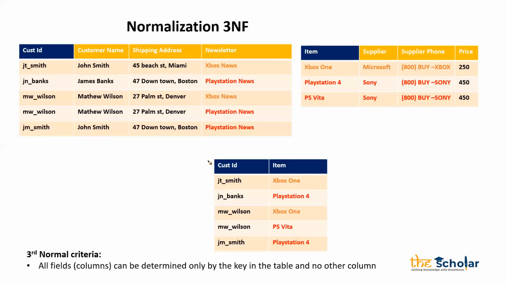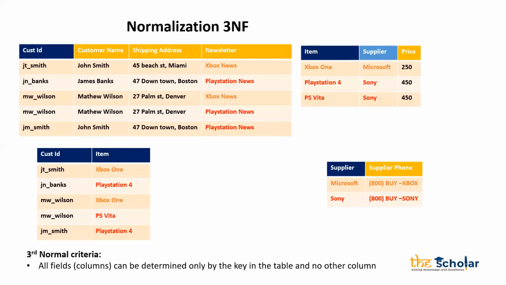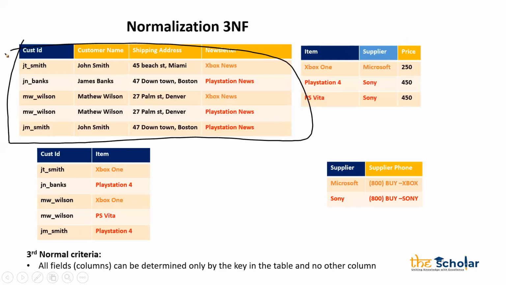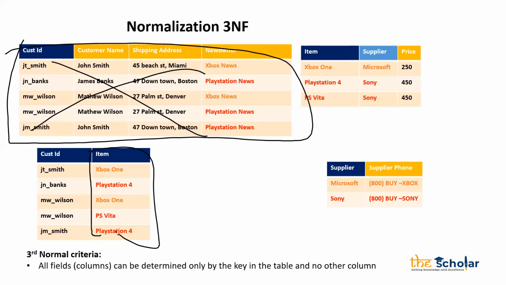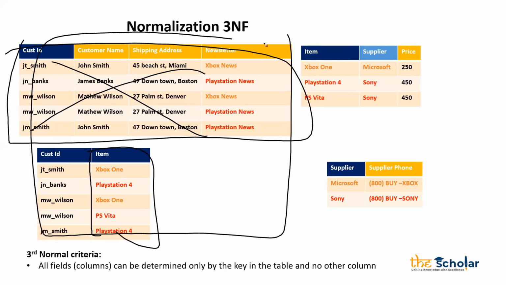So in that case, what we will do is I'll create something like this. Now this table is perfectly fine, no changes required. Everything is fine here. Sorry, these two tables are perfectly fine, no change.